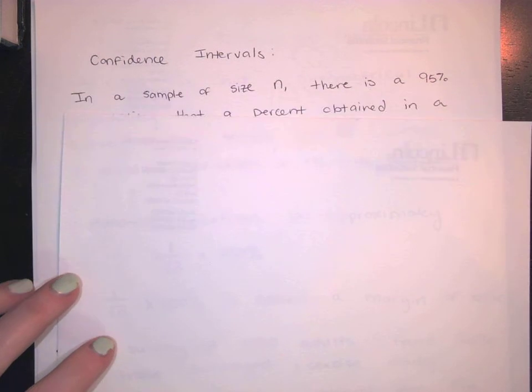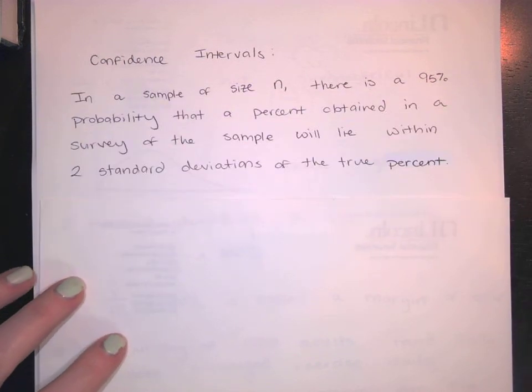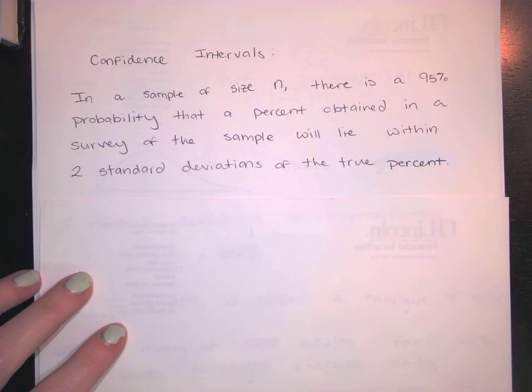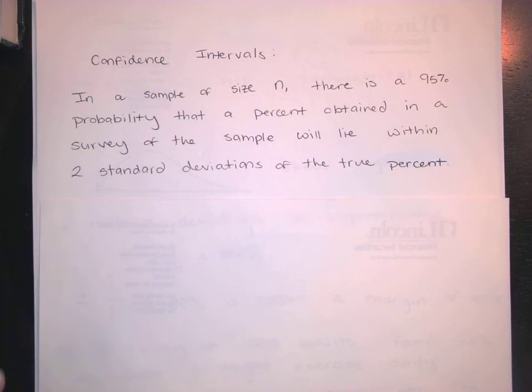Lastly, we're going to talk about confidence intervals. So in a sample of size n, there's a 95% probability that some percent obtained if we conduct a survey in that population, there's a 95% chance that the percent that we get is going to be within 2 standard deviations of the true percent.